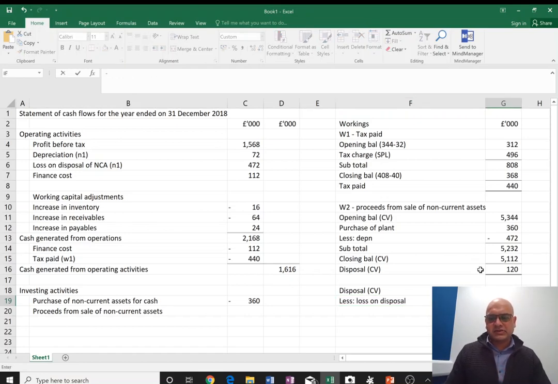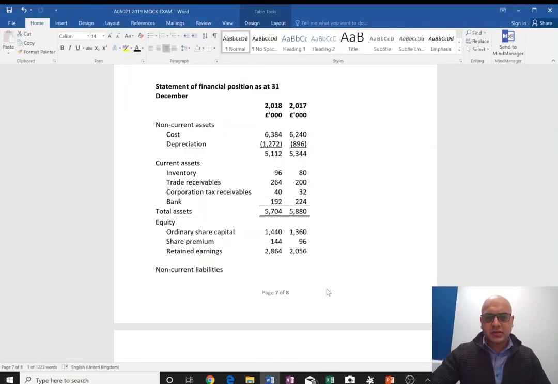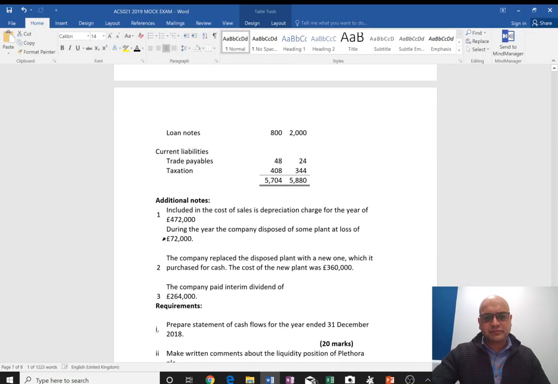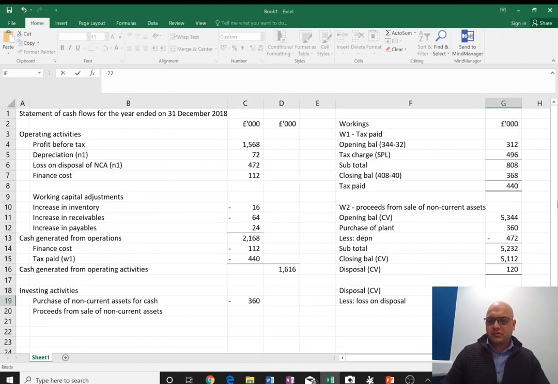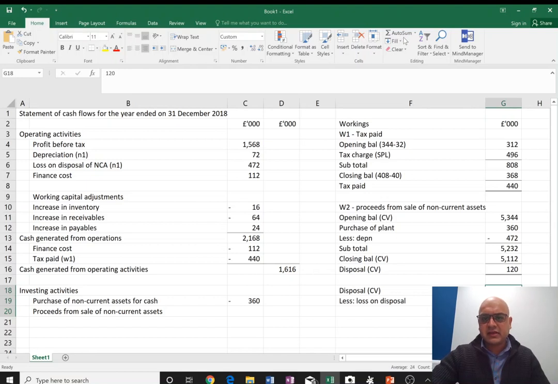Okay, and the loss we know from the question was 72,000. So if we deduct 72, what we'll find now is that's the cash proceeds. Okay, so now we can say this is proceeds from the sale of non-current asset.